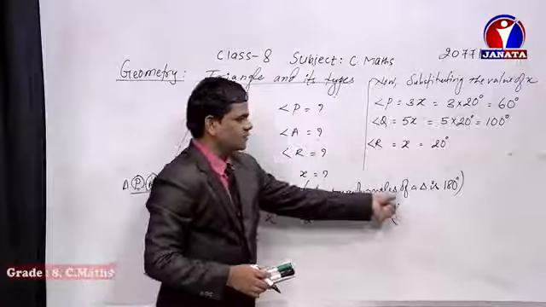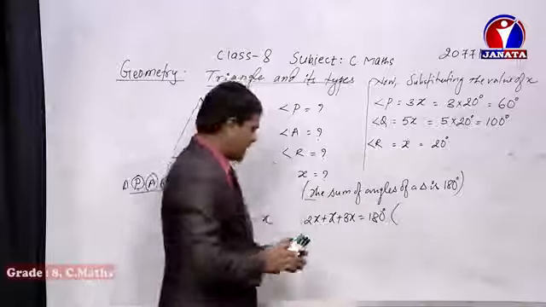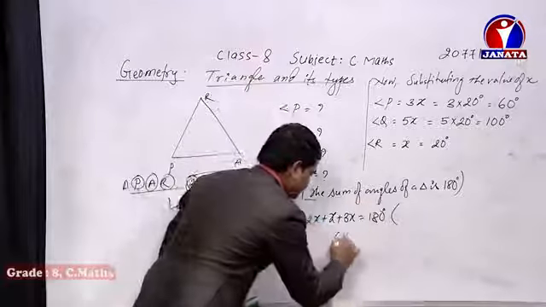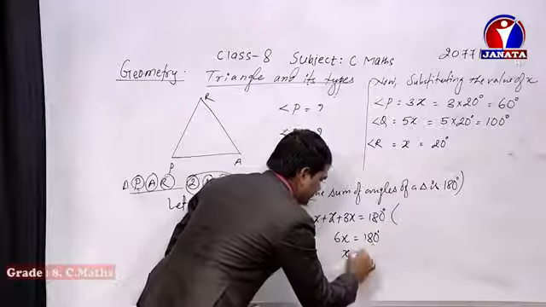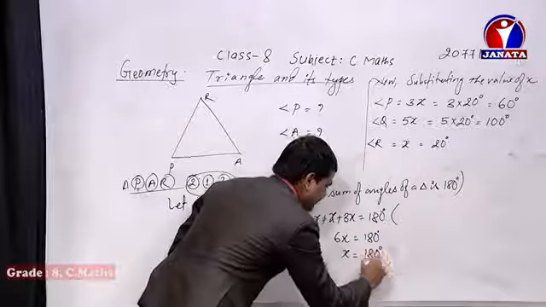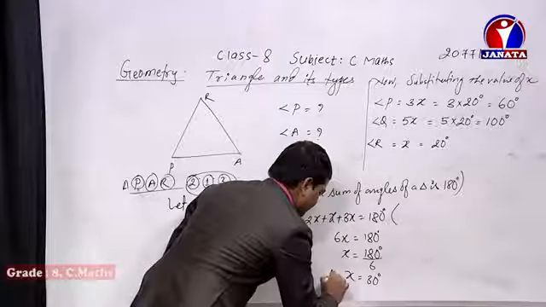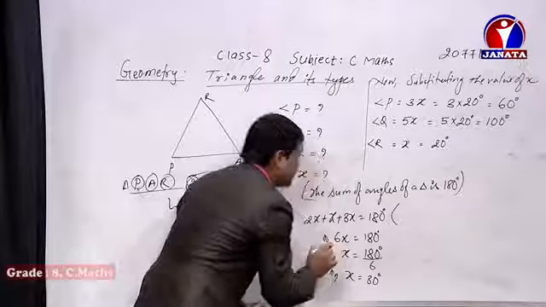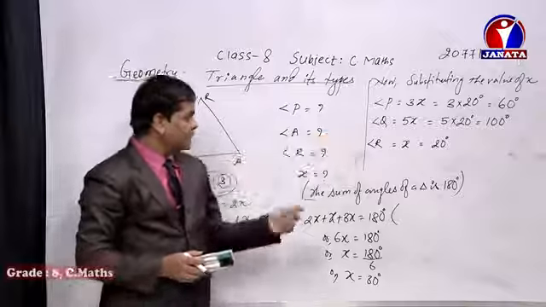Being the sum of angles of a triangle. And 6x equals 180 degrees. Now you get the value of x: 180 degrees divided by 6 equals 30 degrees, isn't it? So we got the value of x as 30 degrees. Now you can substitute in the same way as I did in the previous question.